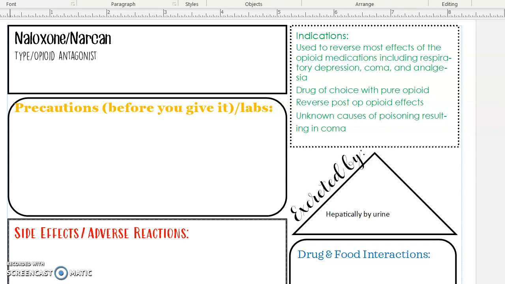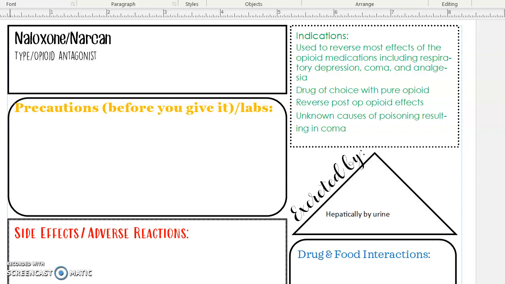Now, they also come in a nasal spray and an auto injector, kind of like the one you have for allergies. So it's an auto injector and you just stab it into their thigh. The auto injector is only given once. But with the spray, one spray is administered to one nostril, delivering 4 milligrams of naloxone.